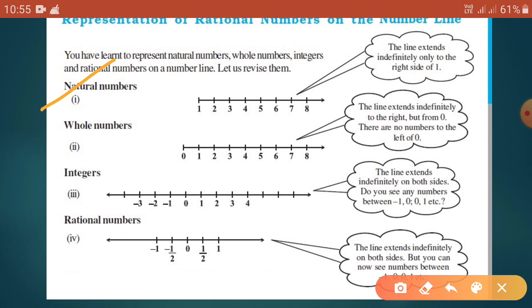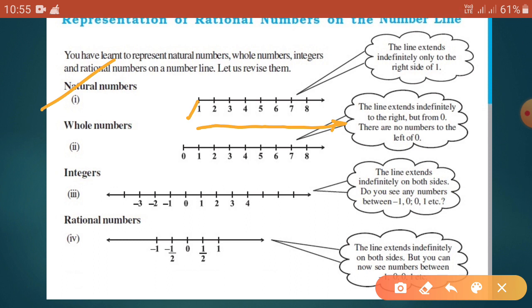We know natural numbers begin with 1 and go on. It starts from 1, not 0, and extends to infinity, only to the right side of 1.